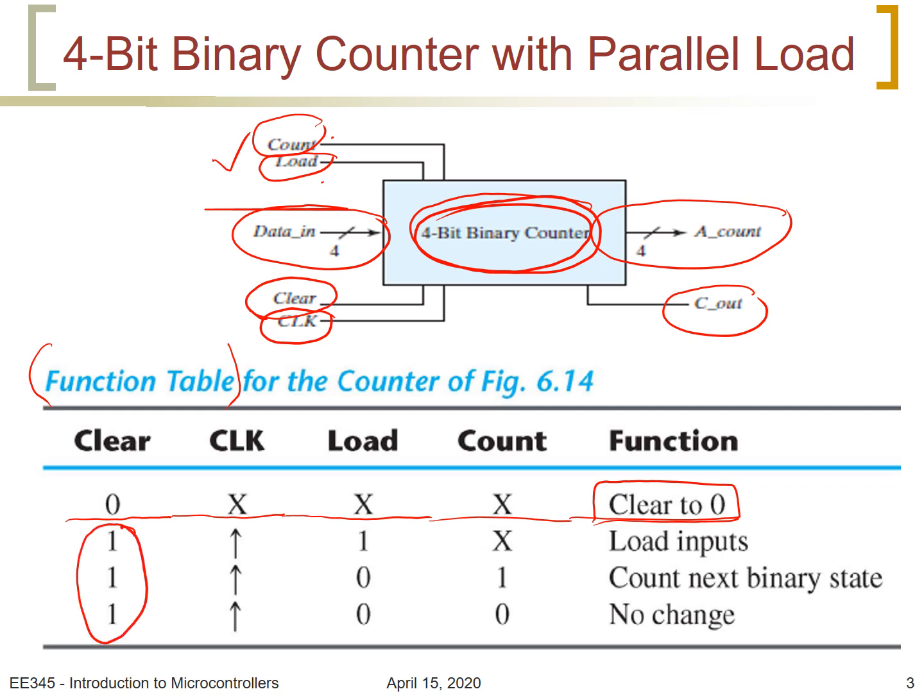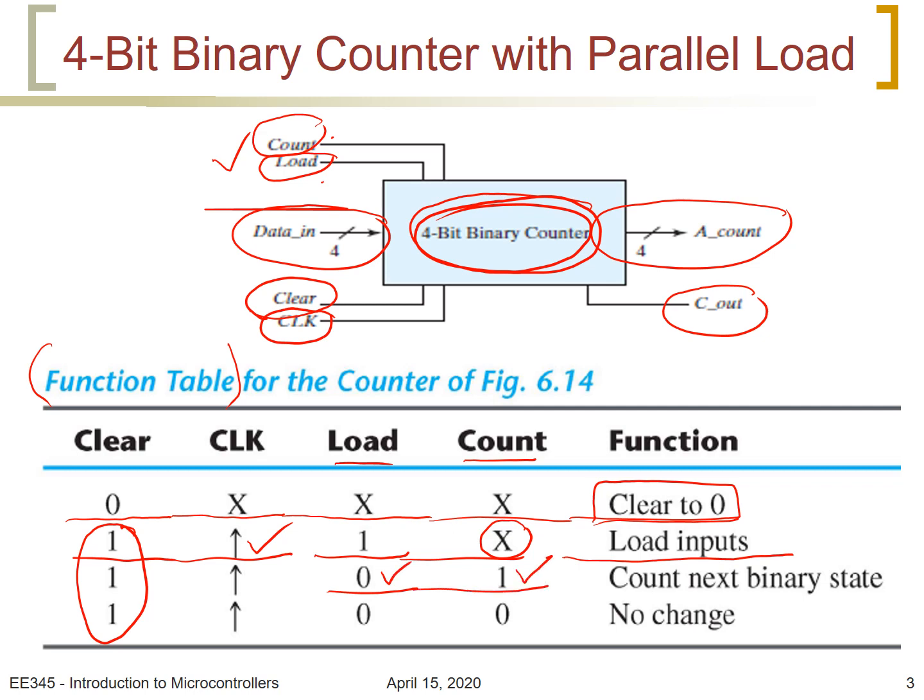So when the clear is 1 now, and the load is 1, as we have just described, we don't care about the count because the load inhibits the count. And the counter will load the inputs, which are I0, I1, I2, I3, to the outputs at the rising edge of the clock. In order for the counter to count, load must be 0, and the count must be 1.